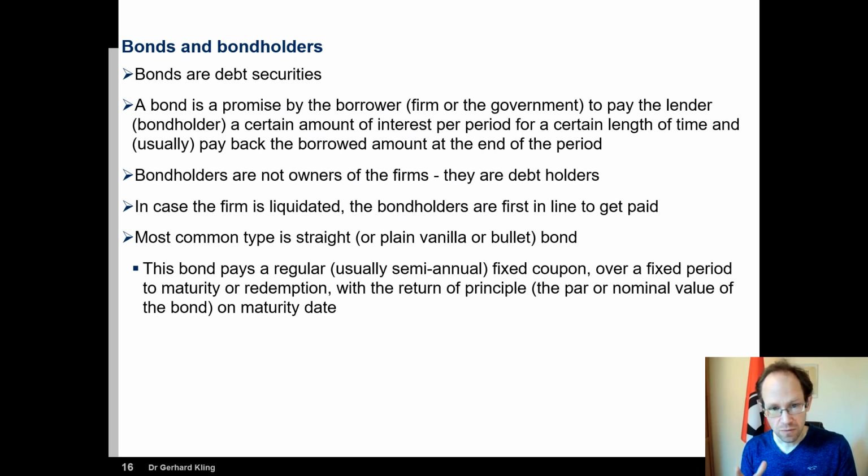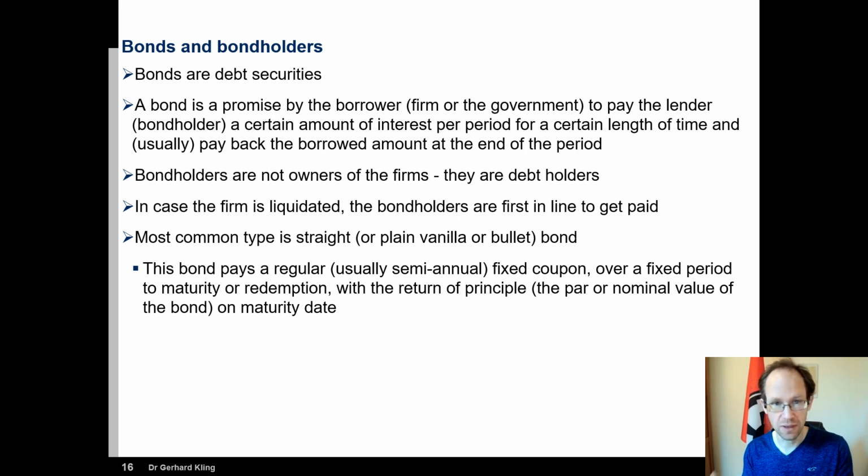So in terms of risk return profile, this is very different from equity holders who have a so-called residual claim, which means they get whatever is left from the cash flows after paying interest and repaying debt. In terms of risk factors for a bondholder, the main concern is default risk.